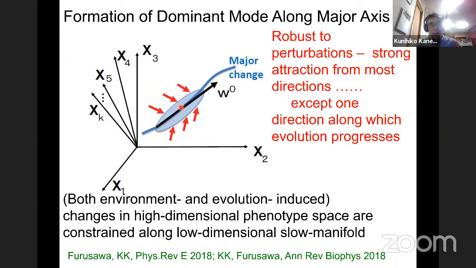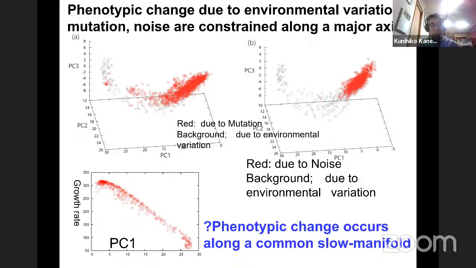But this state has to evolve, or this is a result of evolution. So along the path of evolution, it should be able to change rather easily. Otherwise, evolution is difficult. So that means across many directions, perturbations come back to the original state, but only along this direction can it change easily. That is consistent with this picture.